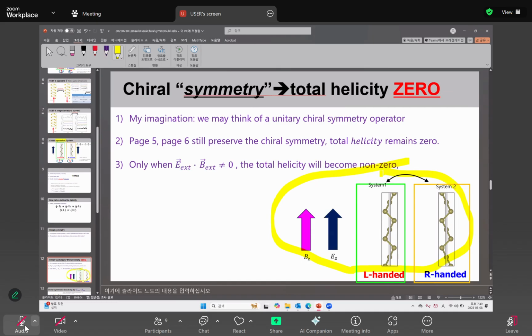As you mentioned, when we have both electric field and magnetic field, we expect that it is non-zero. Abo, do you agree? Yeah, we should calculate the helicity.